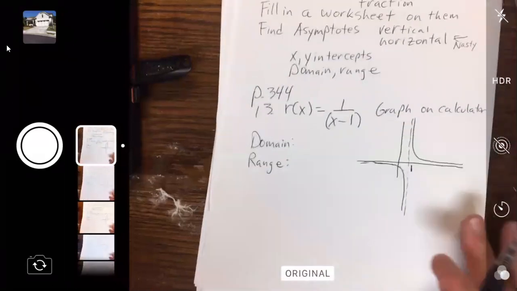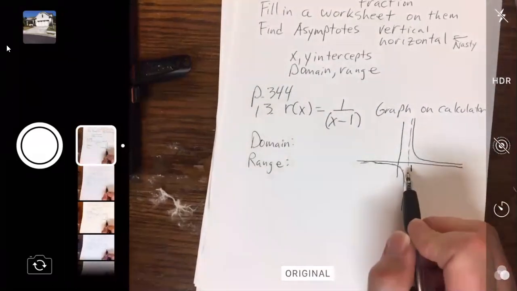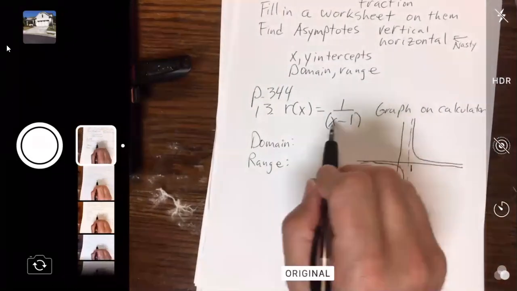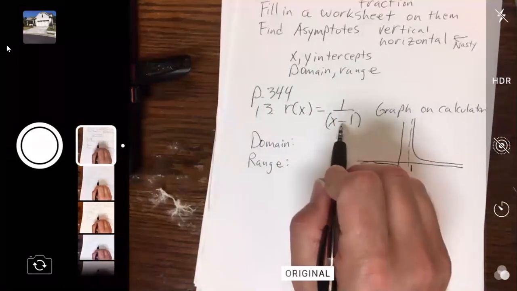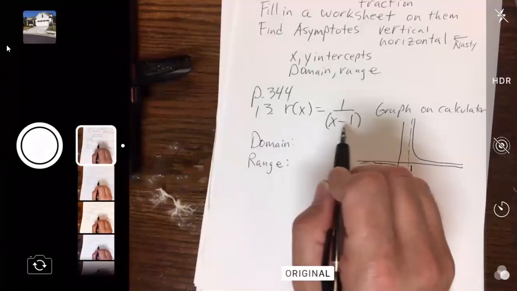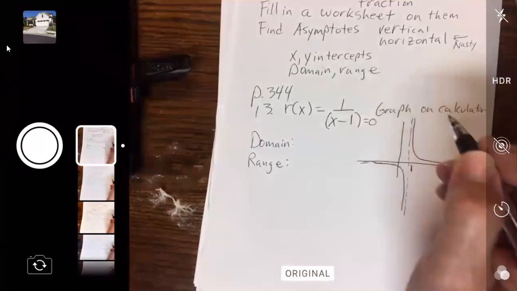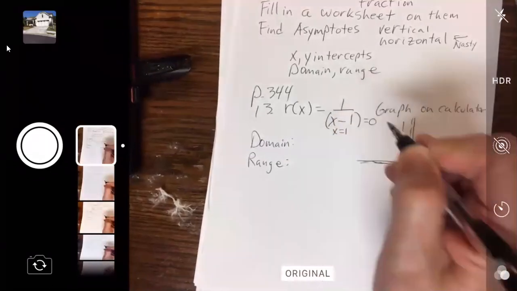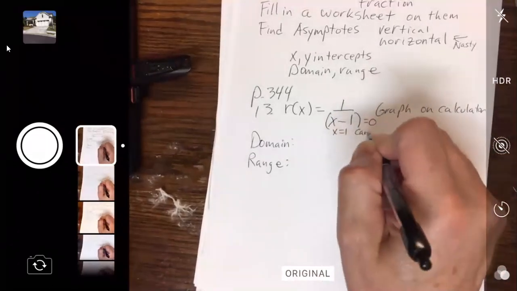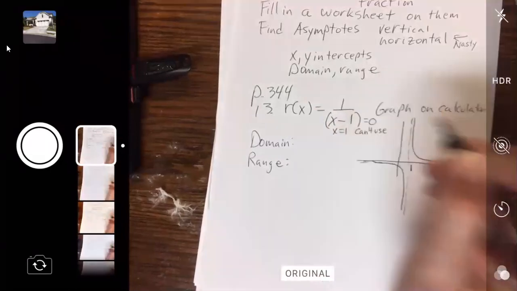Now, do you see where the 1 comes from? Look at your bottom, and you see where it is blowing up, so to speak. Send that to 0, your x equals 1. This is what you can't use.